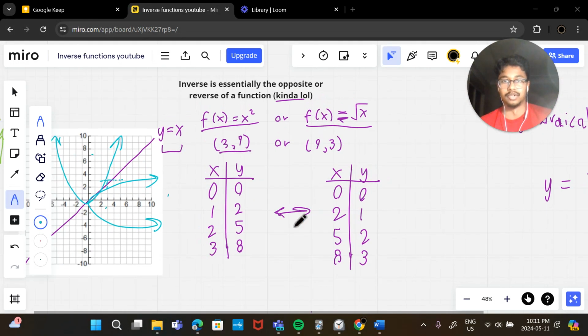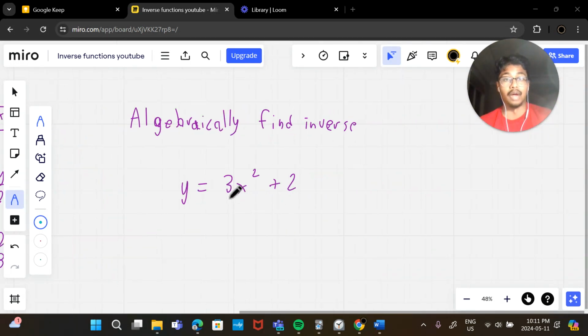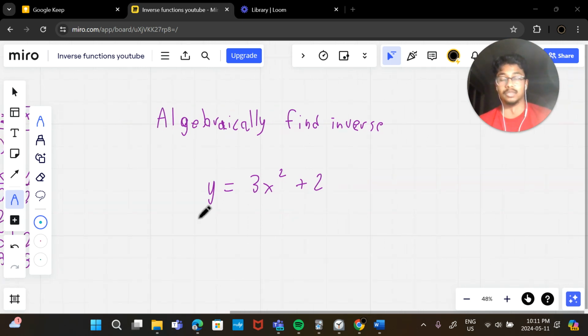But now something very important is how do you find the inverse algebraically, which is a question that's commonly asked. Of course, the questions can get pretty complicated, but I just chose a simple one to go over the idea and summarize it. You basically just need to switch x and y variables.